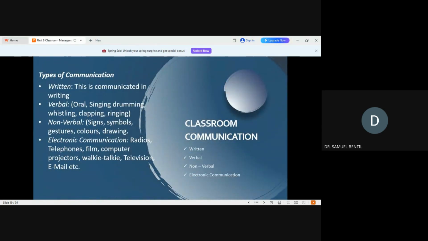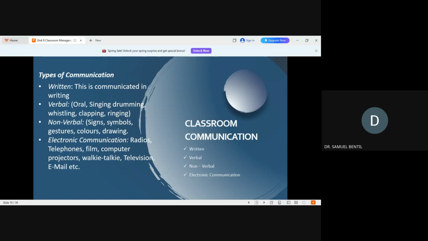Types of classroom communication. We have written, that's communicated through writing. Verbal, like oral, like I'm doing, singing, drumming, whistling, among others. Then we have non-verbal: the signs, the symbols, the gestures, colors, drawing are all examples of non-verbal communication. And we use these things in our classrooms a lot.